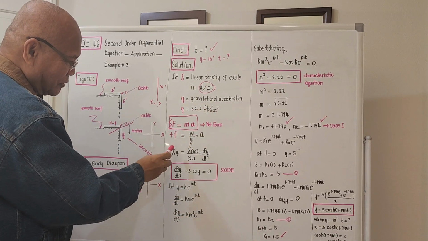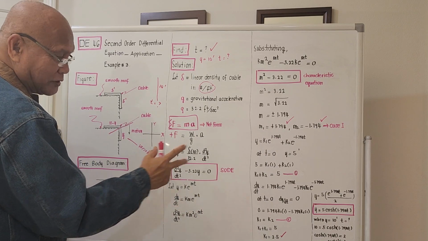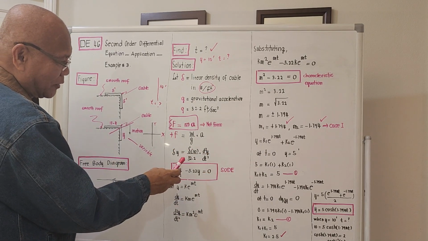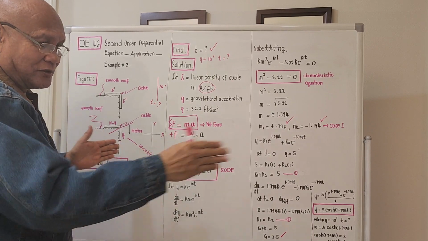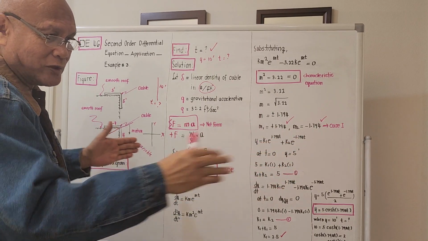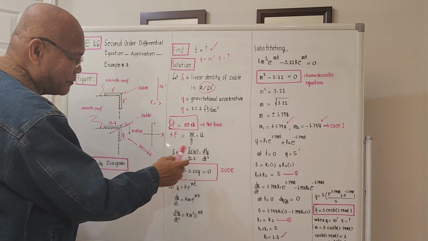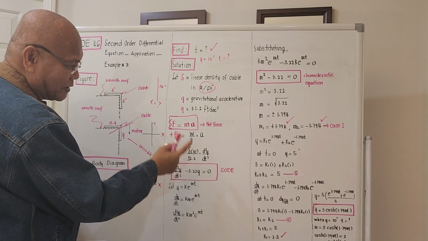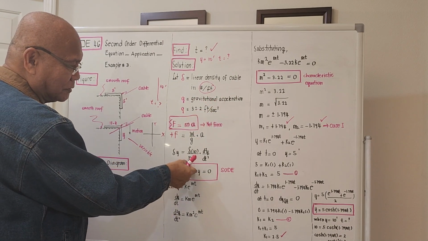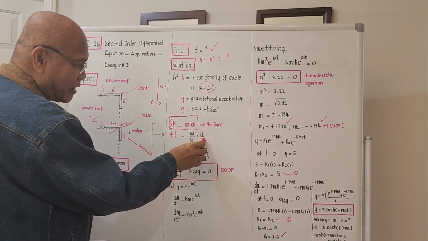Okay, so delta times y should be equal to the total weight of the cable. Since the length is 10 feet, the total weight of the cable should be the total length times its linear density, all over the gravitational acceleration 32.2, times the acceleration of the cable.